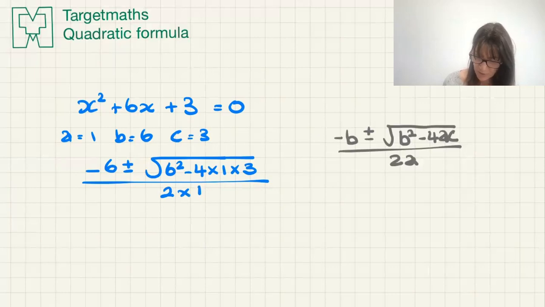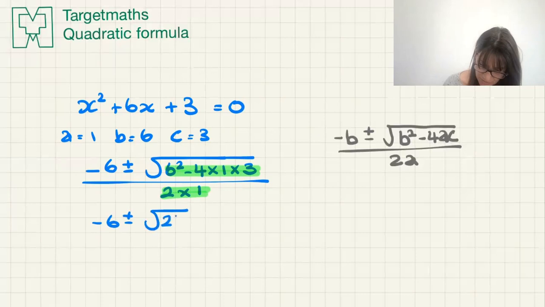Now I'm going to use my calculator to work out what's in that root. So I've got minus 6 plus or minus root 24 all over 2. Okay.